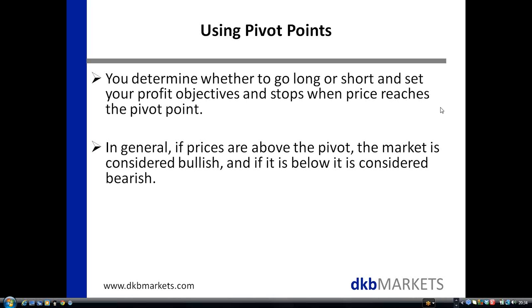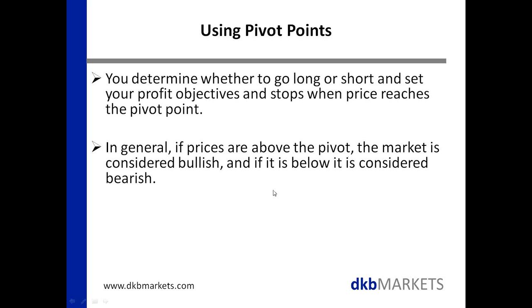If you look at the pivot points and the market is above the pivot point, then the market is considered bullish and going up. But if it's below the pivot point, it's considered bearish, and that means the market is possibly going down. So that's why it's important to determine where the pivot point is in the market before you trade.